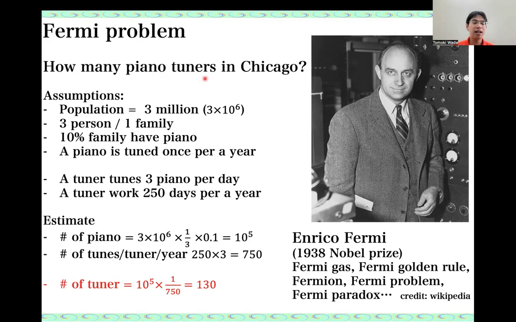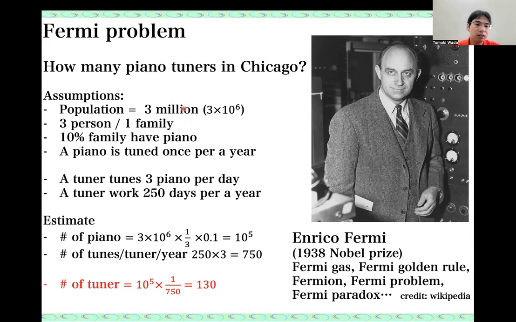Okay, here I show one possible solution for this estimate. From daily life, we know the population of a city. In the case of Chicago, the population is 3 million people. Here we assume some parameters based on daily life. Let's assume 3 people make one family, and 10% of families have a piano.